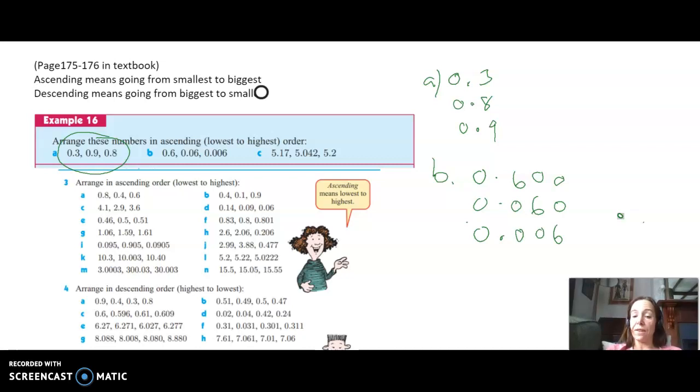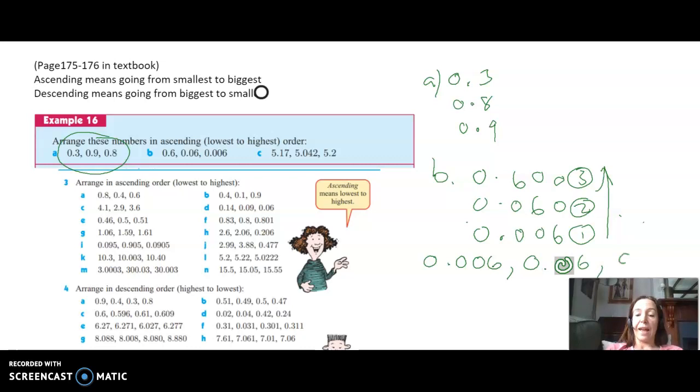So out of these three, the smallest is that one, then that one is the next one, and then that one is the third one. If I wrote them in that order, then I would have them in ascending order. So 0.006, 0.06, and 0.6 is the biggest.